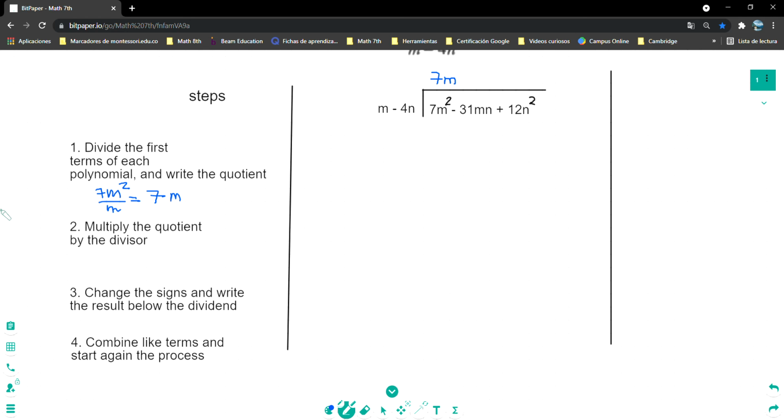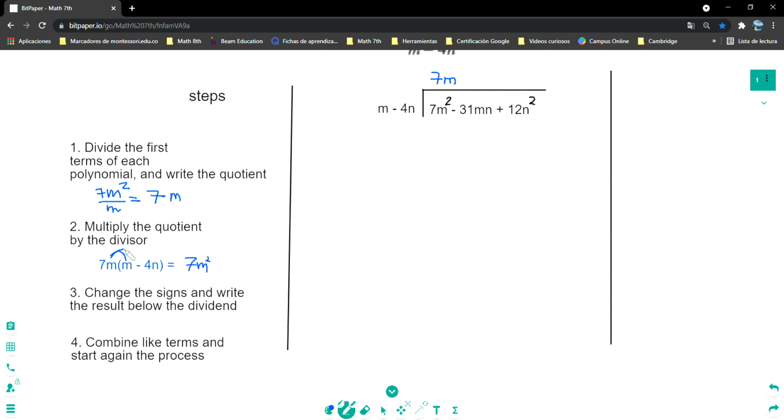Now we continue with the second step, which is to multiply the quotient by the divisor. So we are going to multiply 7m times m minus 4n. If you can do it in your mind, it's also possible. 7m times m will be 7m squared.